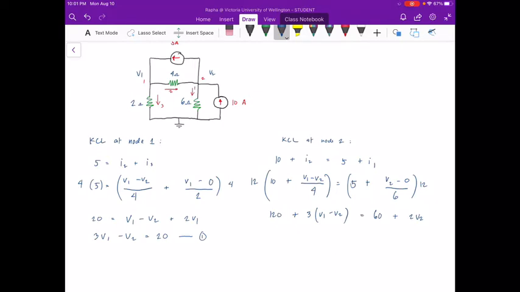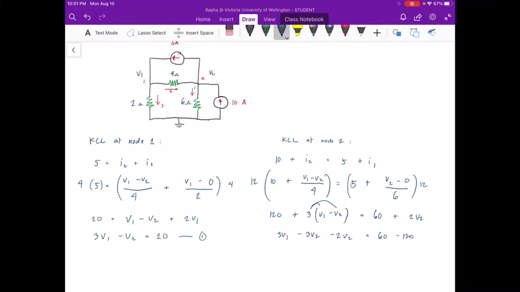Simplifying further, we need to distribute this. 3V1 minus 3V2. Moving this to the opposite side, we have minus 2V2 is equal to 60 minus 120.